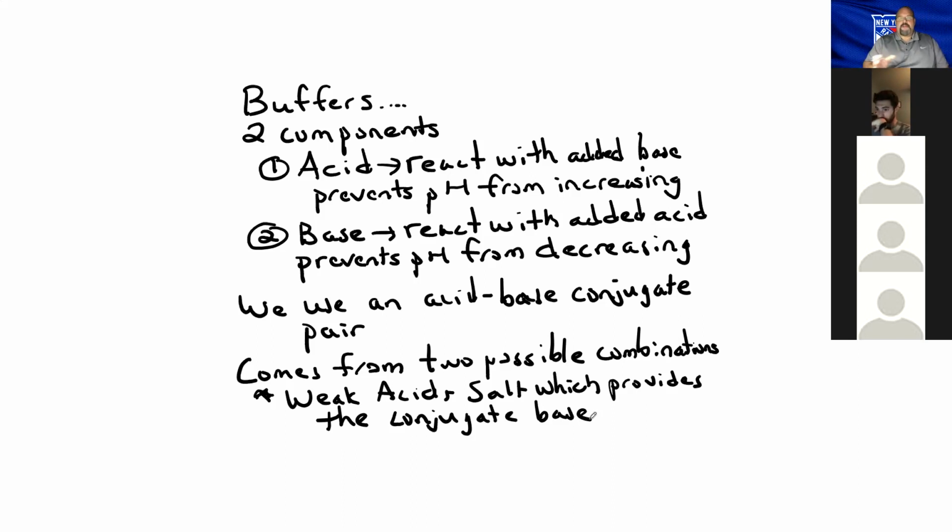Okay. The other thing to mention is that strong acids and strong bases can never be used to make a buffer solution. Why? What's the problem with a strong acid and strong base being used for a buffer solution? They're not going to wait for acid or base to be added. Strong acids and strong bases are going to react with whatever they're with. So they have no patience.